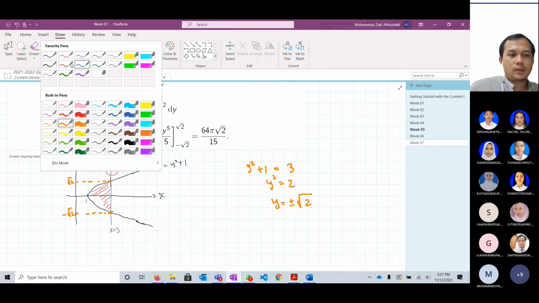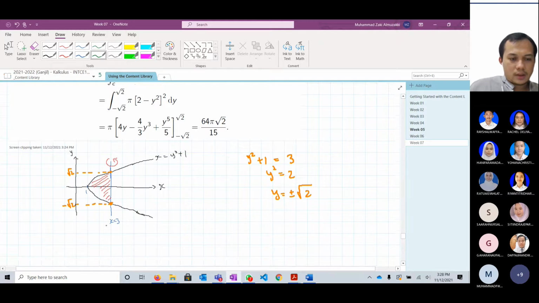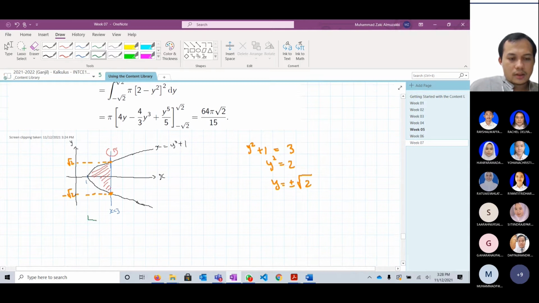Since we want to revolve it around x equals 3, the radius, we use the green one, the radius is this. This is the radius, which is equal to 3 minus y squared plus 1, which is equal to 2 minus y squared.